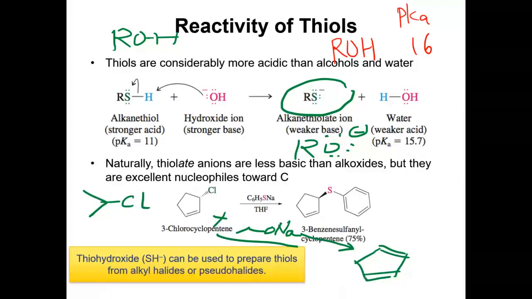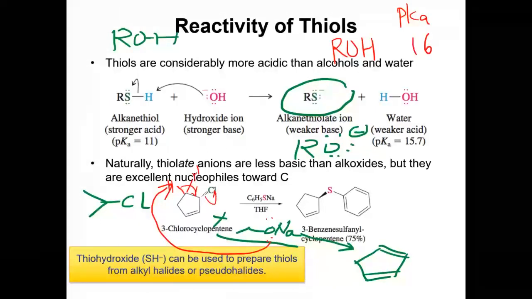Thiolate is an excellent nucleophile and a much weaker base. Keep in mind, if you want E2 elimination, the nucleophile must act as a base to remove a proton from the electrophile. So here, the base has to take this one away, then this one leaves. That's how the E2 works.